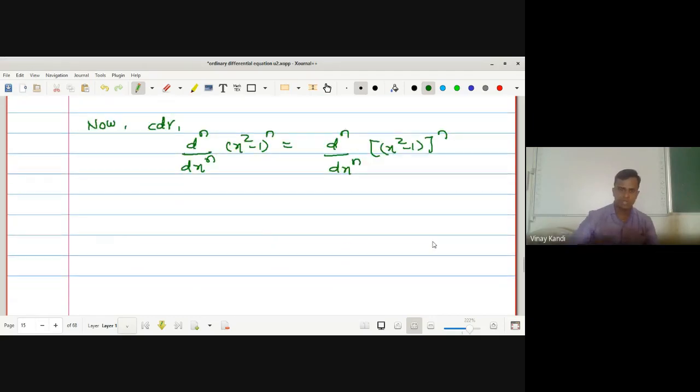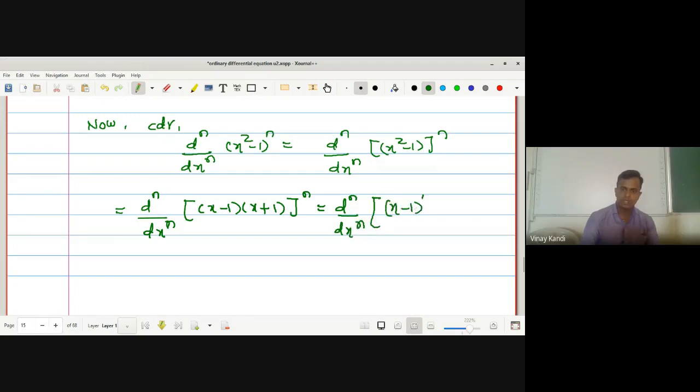Okay, so this we can write in these terms, which is equal to d raised to n upon dx raised to n of x minus 1 into x plus 1, bracket raised to n, which is equal to d raised to n upon dx raised to n of x minus 1 raised to n into x plus 1 bracket raised to n. Now differentiate these terms by the u into v rule.